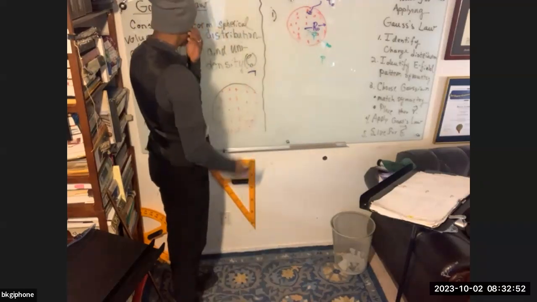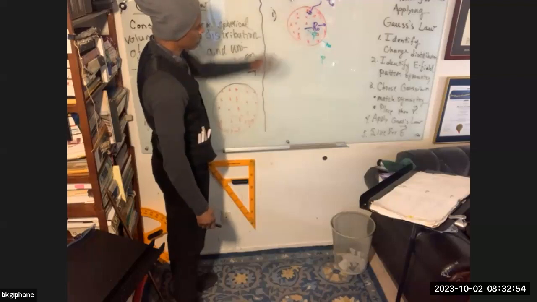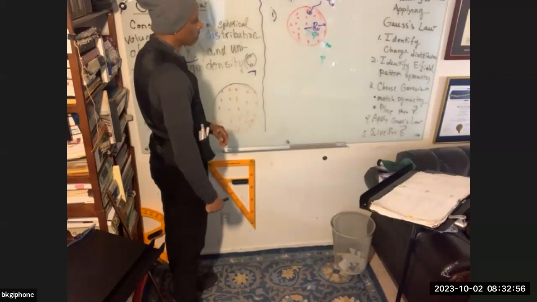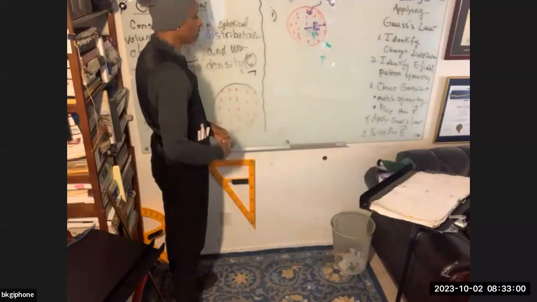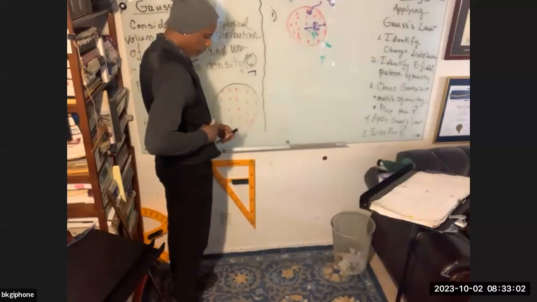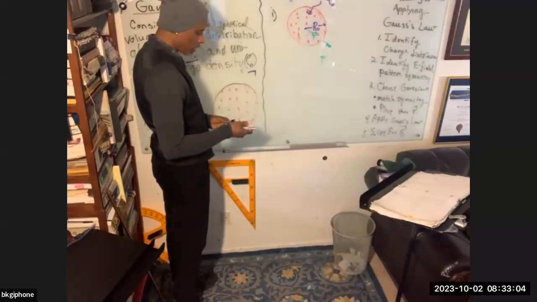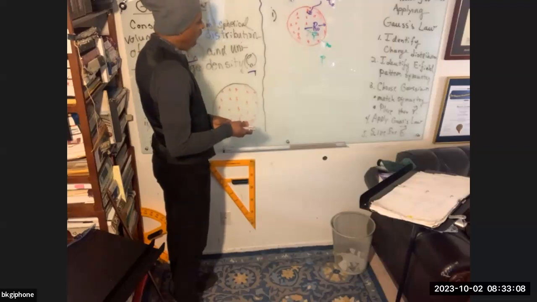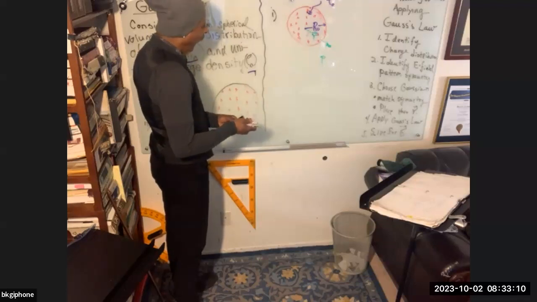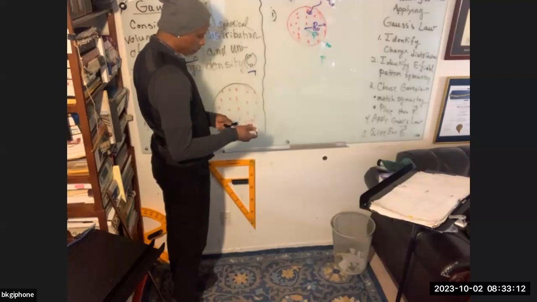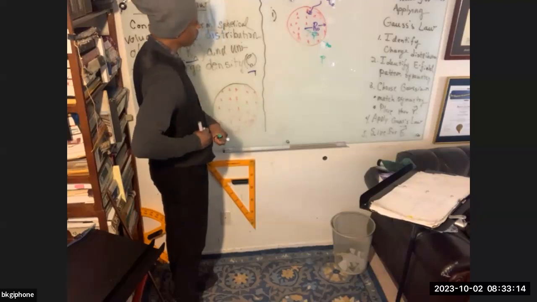Now, for parts 1 and 2, we have the charge distribution. So what would the field associated with that charge distribution look like? Well, the field is going to be radial. It's going to point from the center out radially away from the distribution.